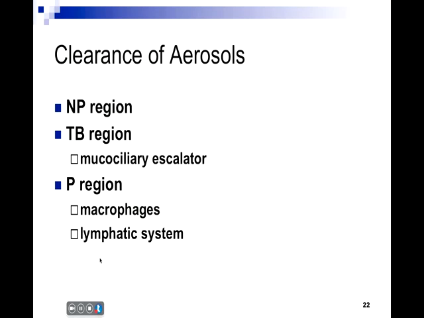This is a process by which mucus is pushed upwards by columnar epithelial cells that have cilia at the end of them that basically beat in rhythm to push mucus upward. We swallow about a quart of mucus a day from this clearance mechanism, and it helps clear particulate matter that may have deposited in the tracheobronchial region, and you'll eventually clear it out by swallowing it.